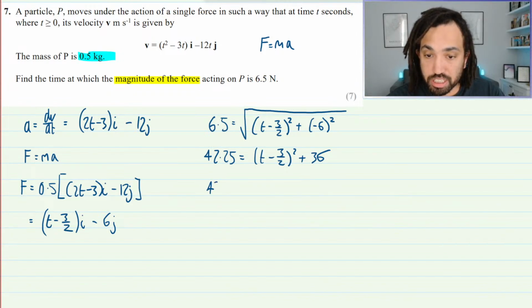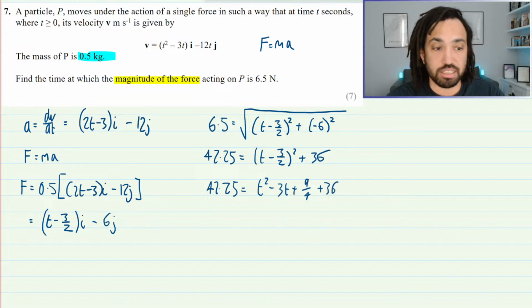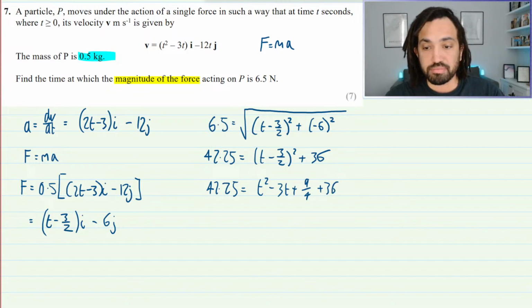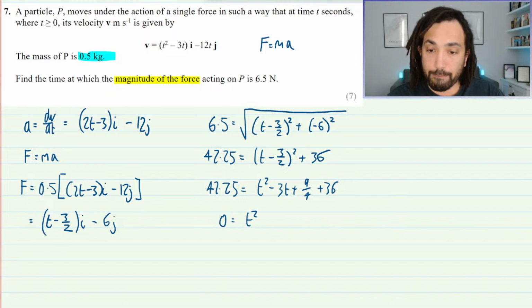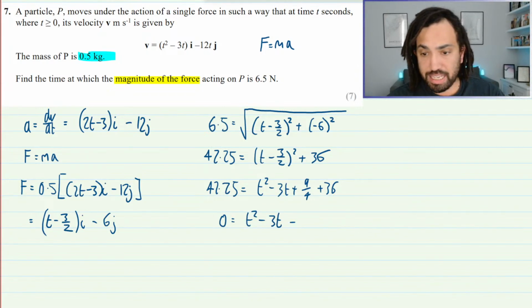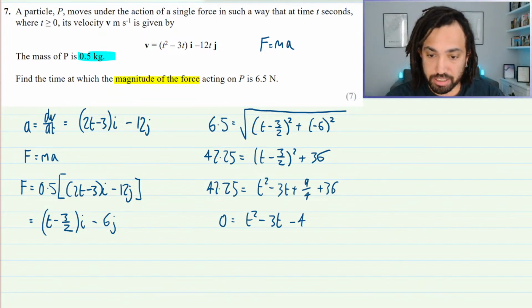Then I'm going to expand out those brackets. That gives me t squared minus 3t plus 9 over 4 plus 36. Then we set it equal to 0, carry over, minus 4, I think.